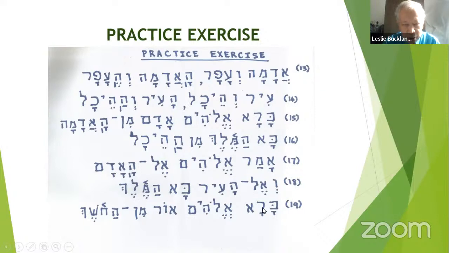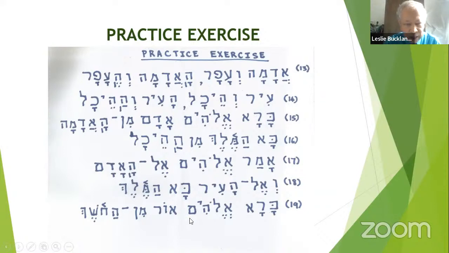Number 19, bara Elohim or min hakoshek. Now, again, another grammatical rule says that just as we have pathak under the a of the definite article when it comes before a noun that begins with a, so if it comes before a noun that begins with keth, because keth is also coarse and rough, it does not need any compensation for a lack of dagesh forte by lengthening the pathak to a kames, so the pathak can stay as it is.